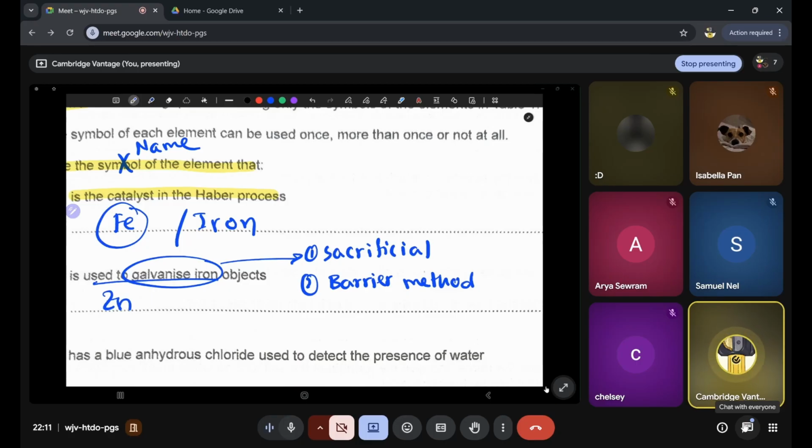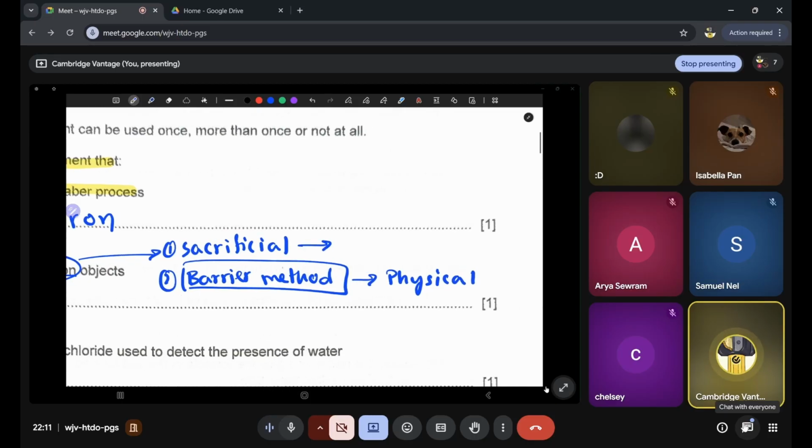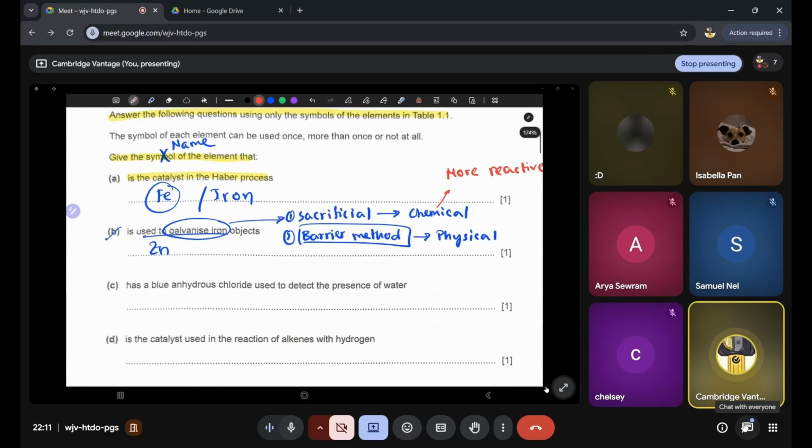The barrier method is a physical process. The sacrificial protection method is a chemical process where you use a more reactive metal that will react in place of the metal that you're trying to protect. So that's just a brief overview.